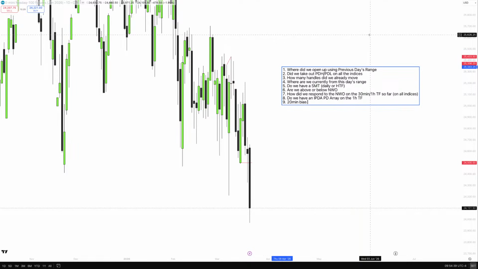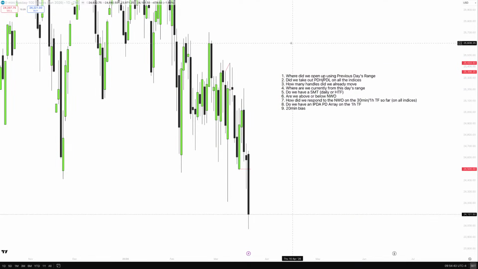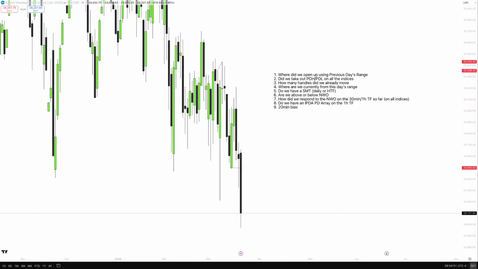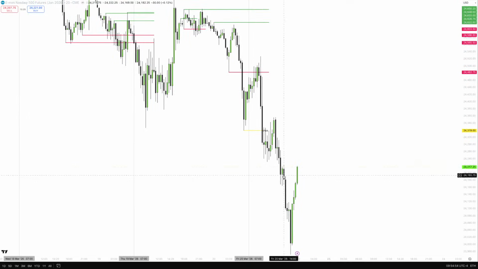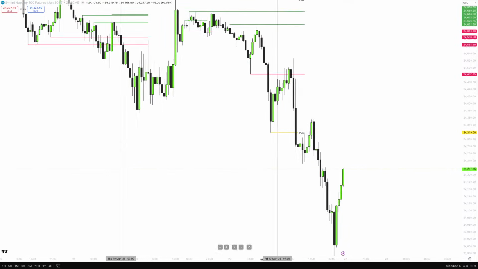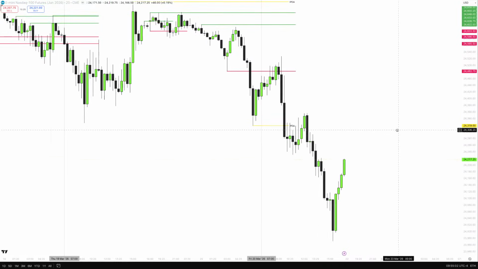Now I've introduced you to the logic of IPTA, and this is what we will apply on the 20-minute time frame. So let's go to the 20-minute time frame. You have seen this chart if you are joining my live streams on a regular basis.